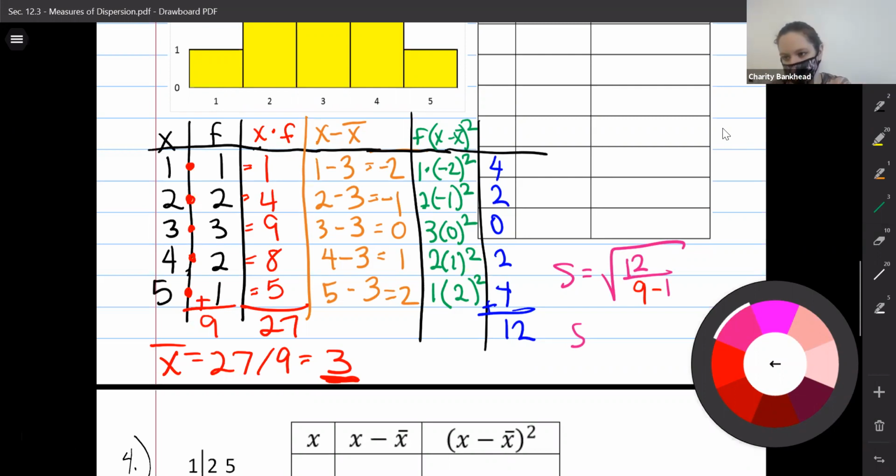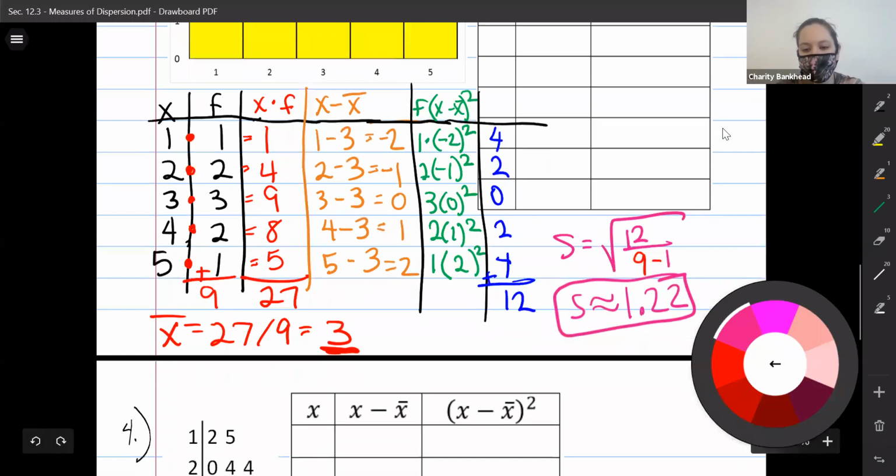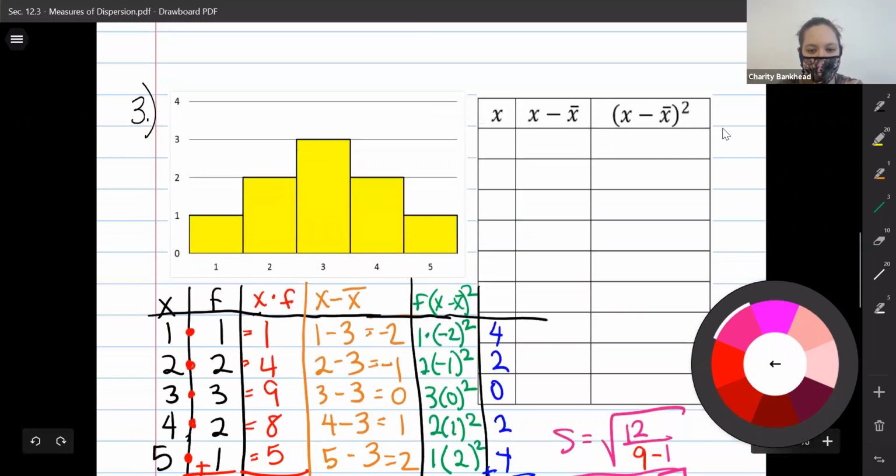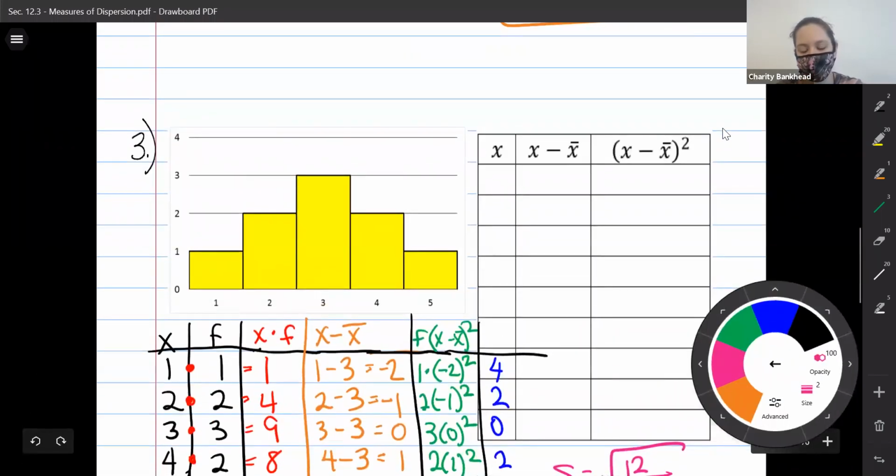So it's approximately 1.22. And in this case, the range, you would just do 5 minus 1, which would be 4.